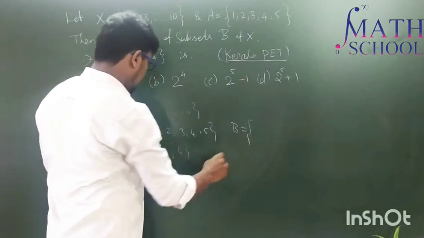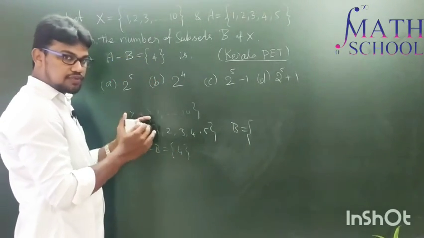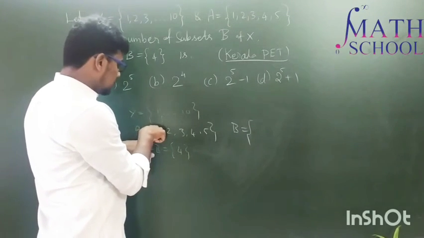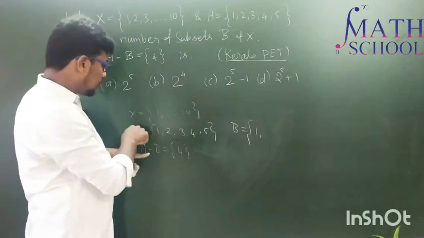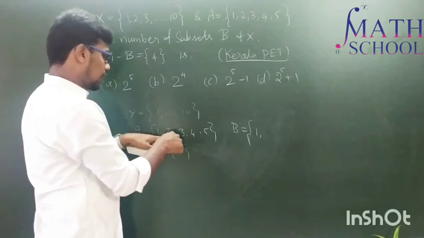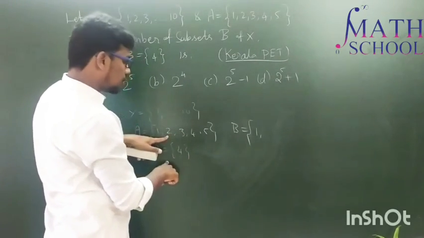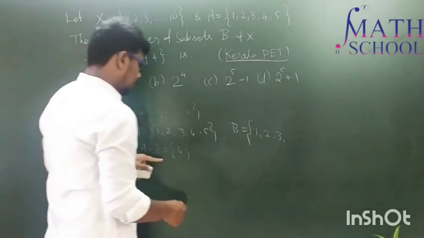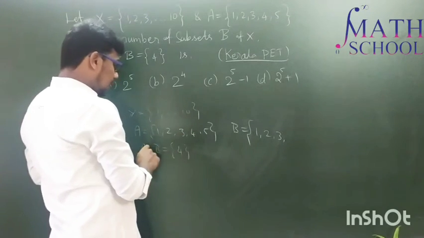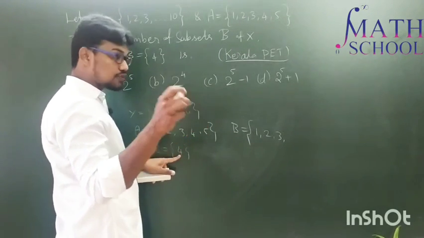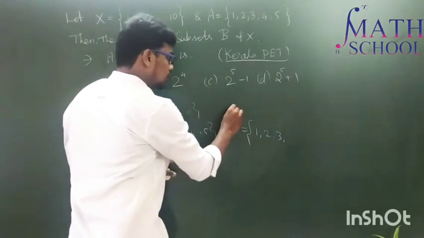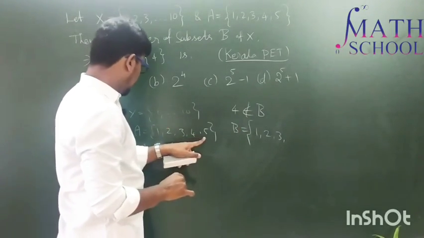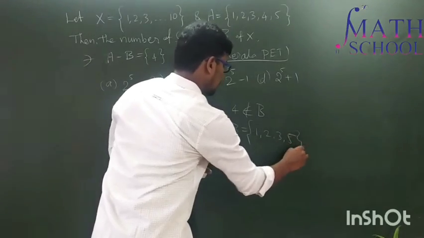A minus B is formed by collecting the elements from A which are not in B. A minus B doesn't have 1, which means 1, which is in A, is also present in B. Then only is 1 not present in A minus B. Similarly 2 is in A but not in A minus B, so 2 will be in B. 3 is in A but not in A minus B, so 3 will be in B. 4 is in A and in A minus B, which means 4 is not in set B. So 4 does not belong to B. This is sure, right?